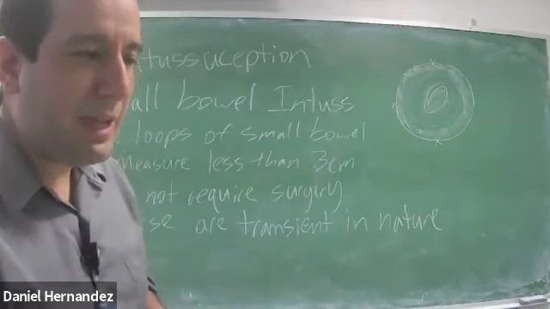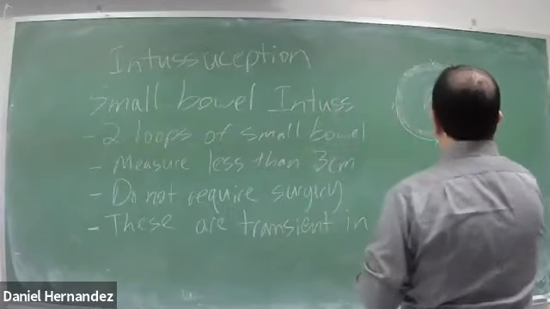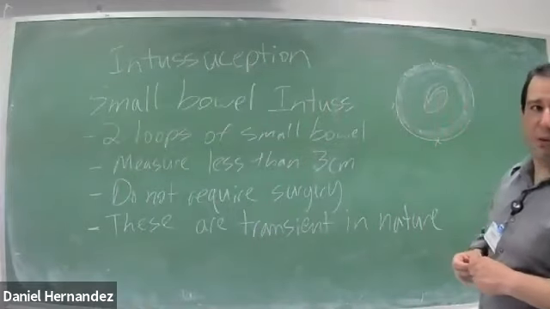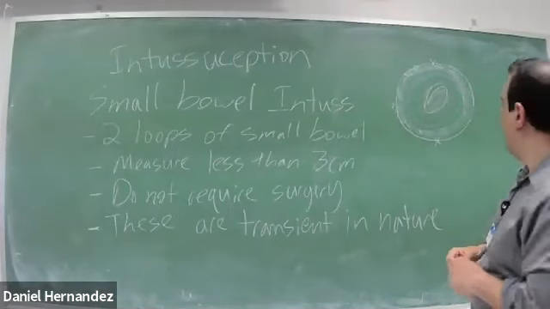Again, remember, we're scanning throughout the entire abdomen. So this is going to be your typical transverse view. The radiologist is going to want to know how large it is, so you'll get your diameter.